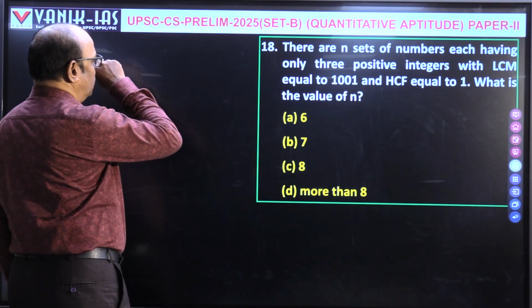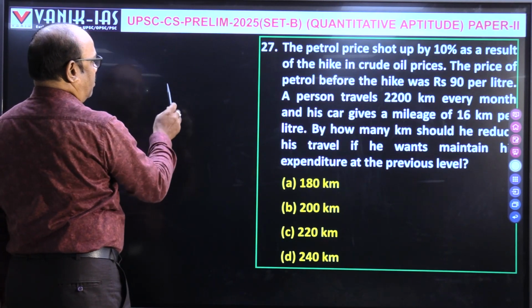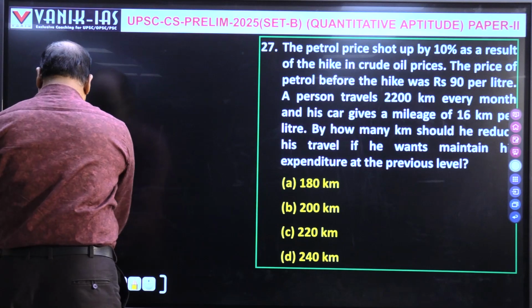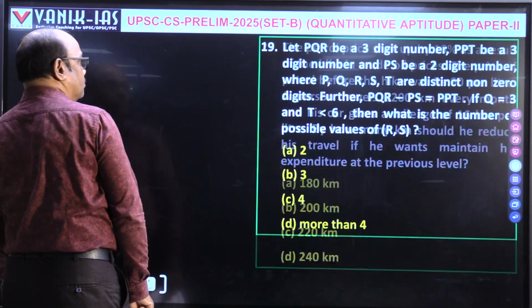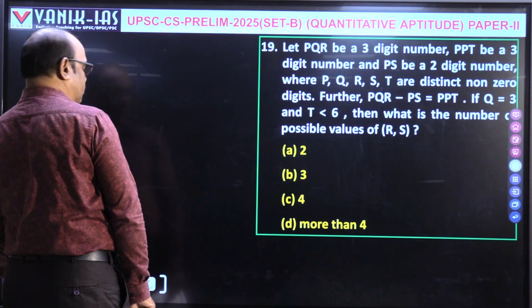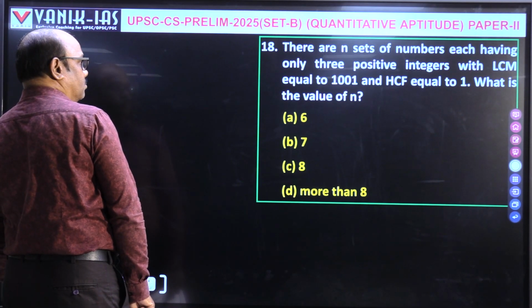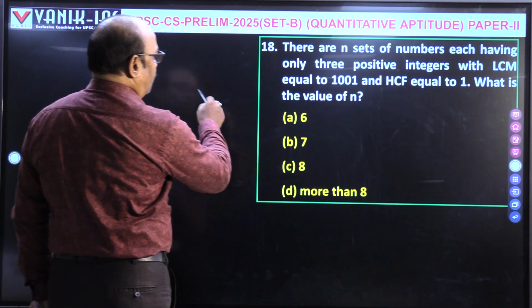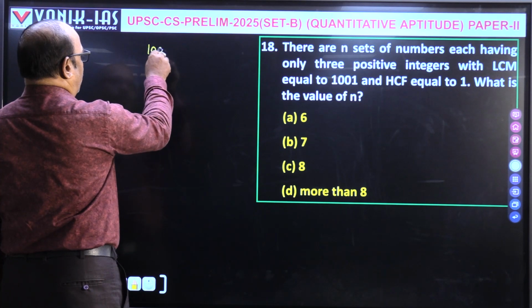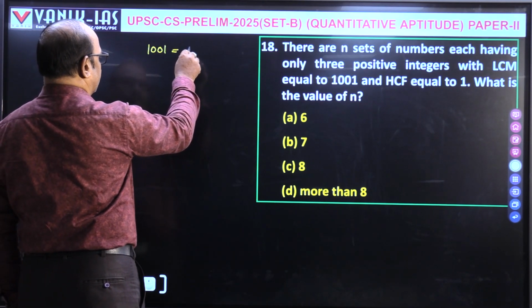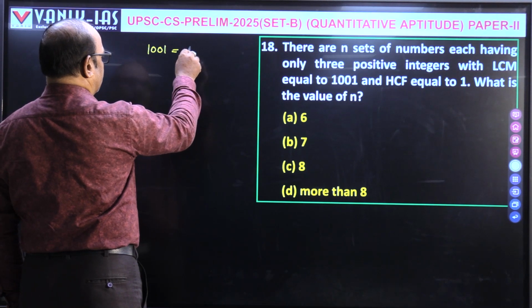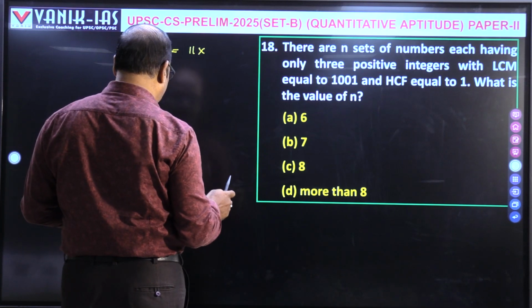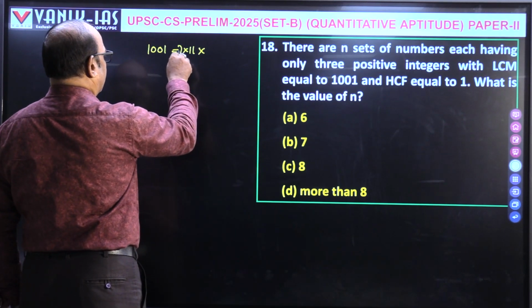So the LCM is 1001. First find the factors of 1001. 1001 is a product of 7, 11, 13.